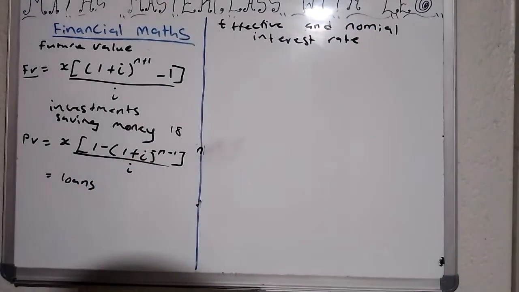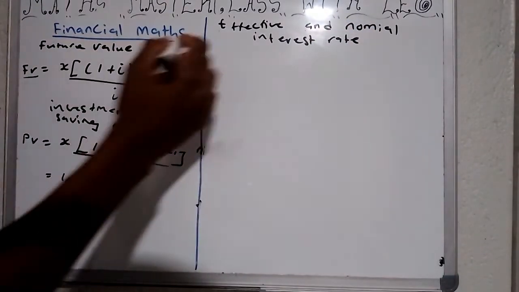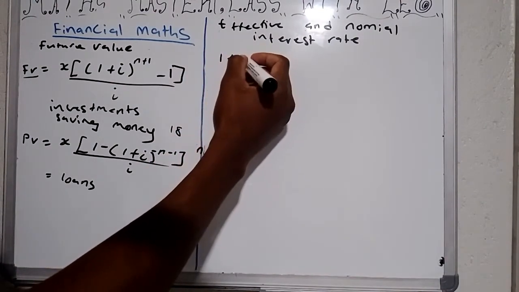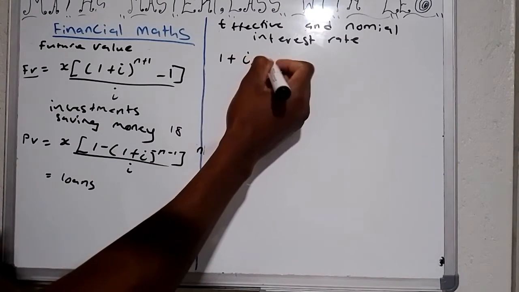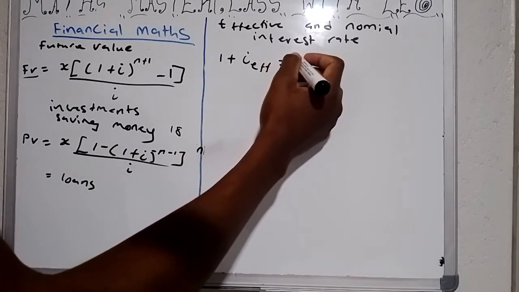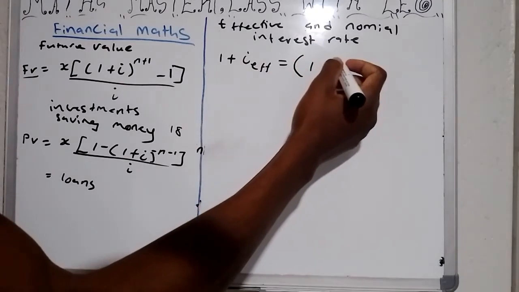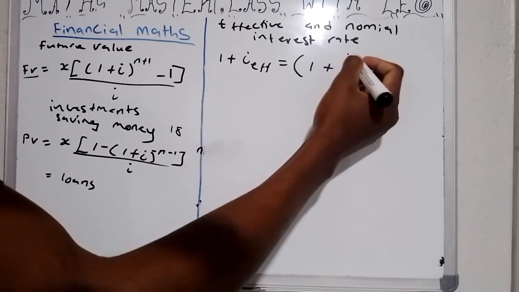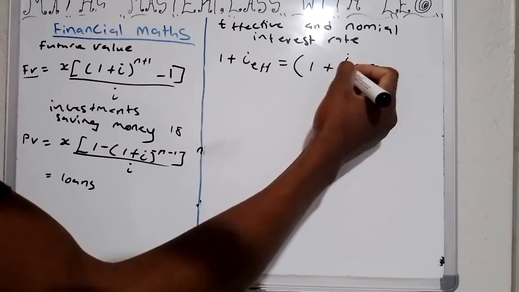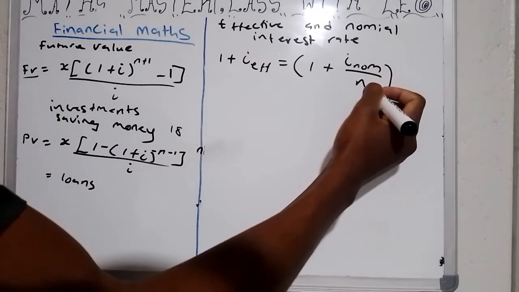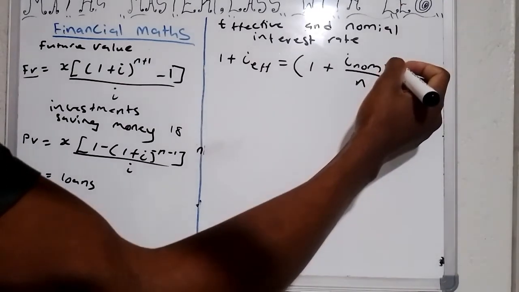The effective and the nominal interest rate, we have 1 plus I effective is equals to 1 plus I nominal divided by N to the power N, right?